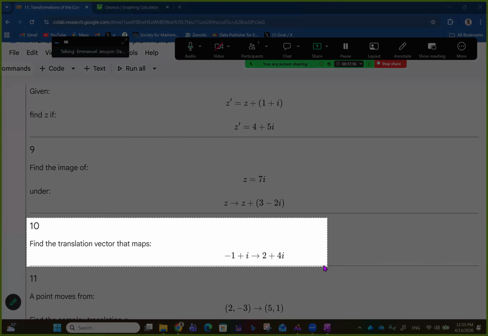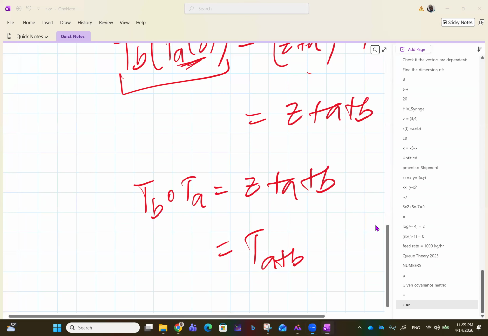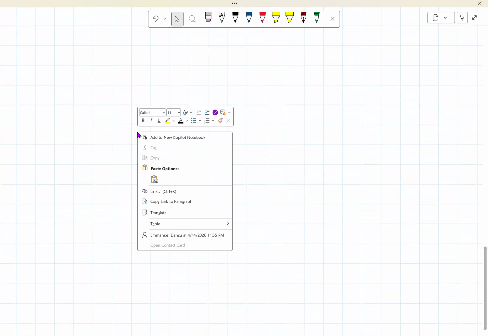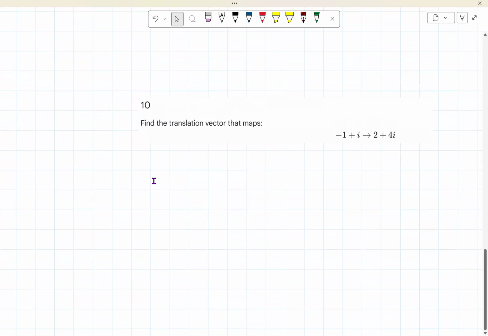So question 10, and I just copy and take it over here. Yeah, so then I paste. So the question is find the translation vector that maps minus 1 plus i. So generally speaking, we know Z is mapped to Z plus A. That's the general idea we have there.